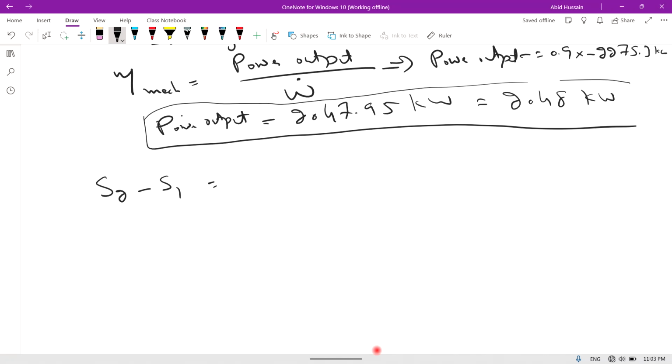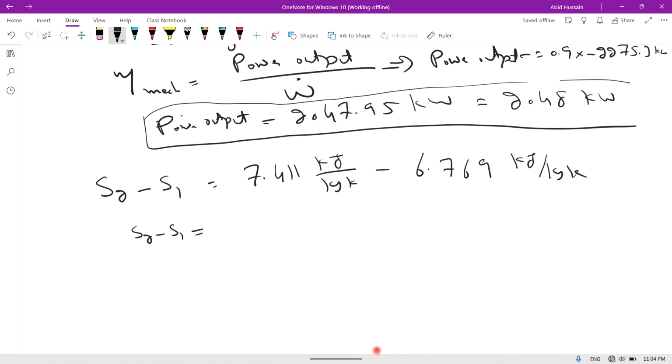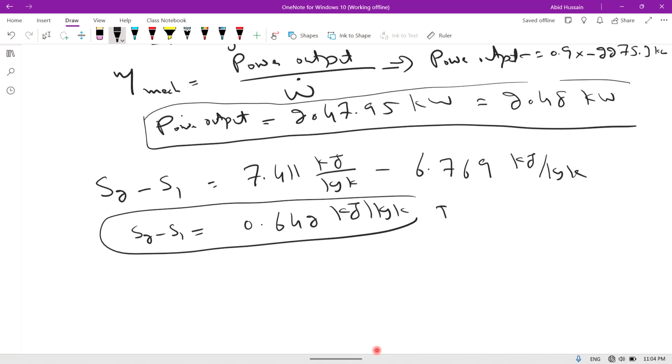S2 is equal to 7.411 kilojoule per kilogram per Kelvin, minus S1, which is equal to 6.769 kilojoule per kilogram per Kelvin. So S2 minus S1 is equal to 0.642 kilojoule per kilogram per Kelvin. And the positive sign means that entropy increases.